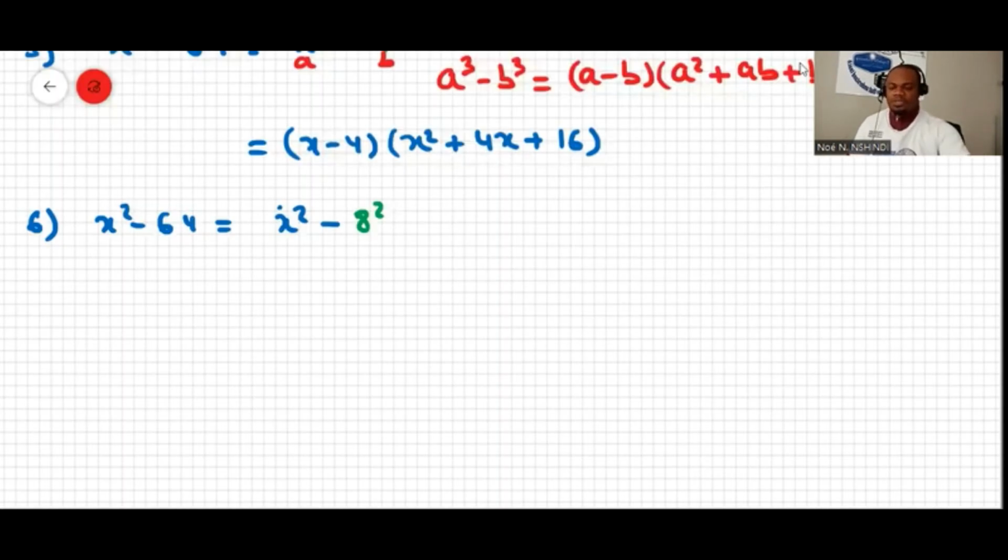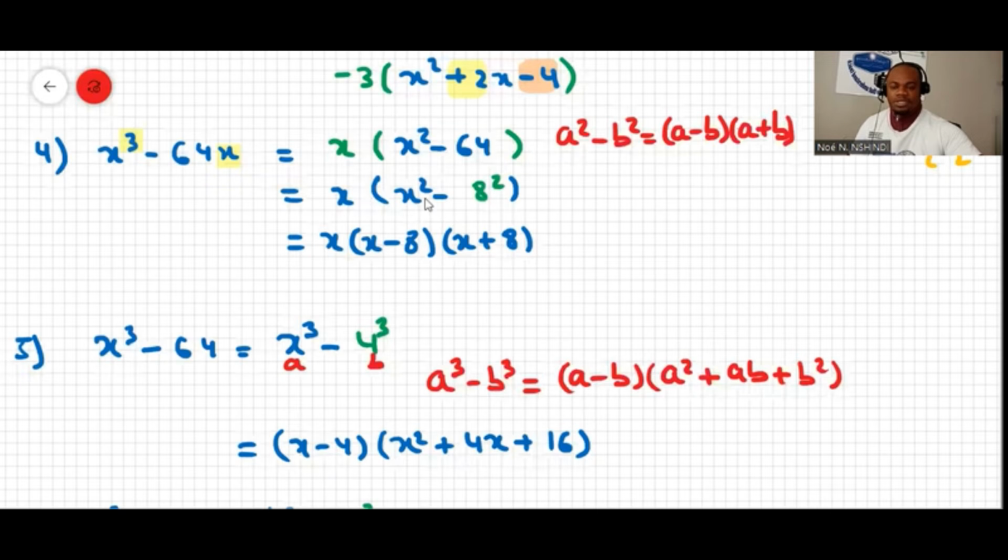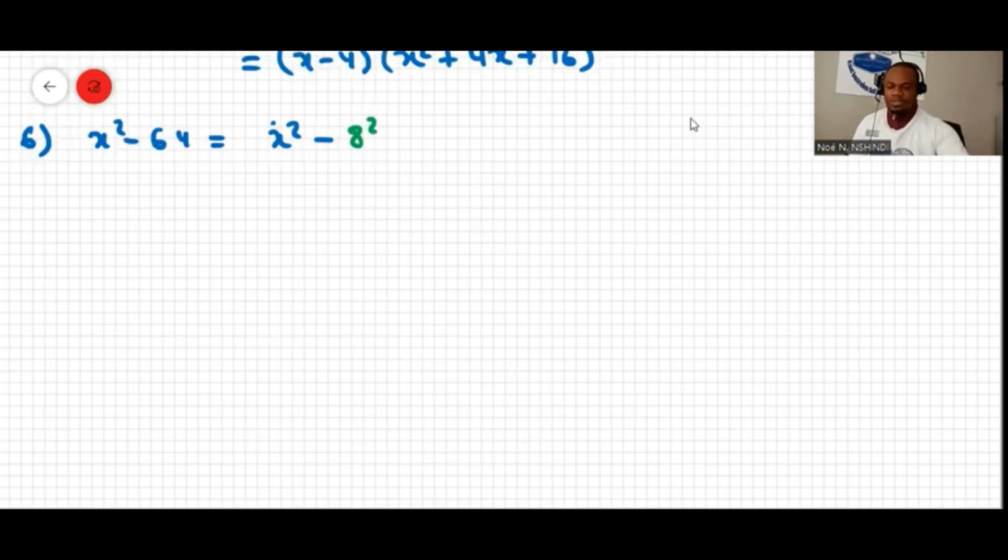So we apply the difference of two squares property that we listed over here. This will be x minus 8 and then x plus 8.